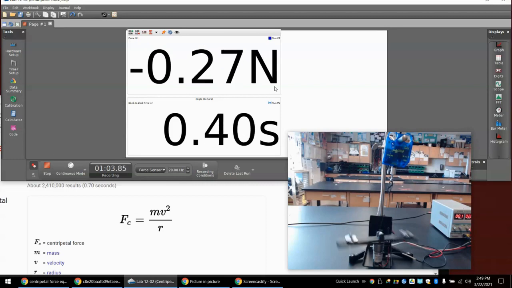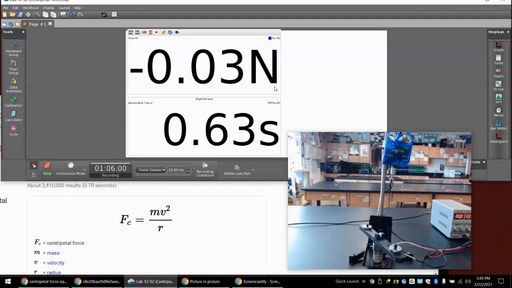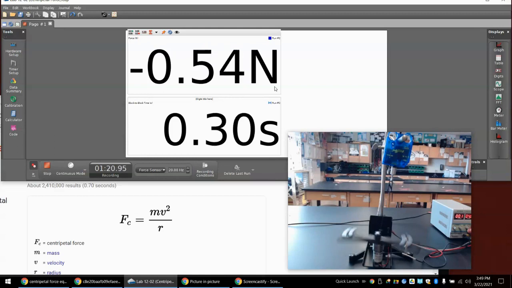So the next thing that we are going to do is change the mass. And to do this, we're going to set the voltage to about 4 volts. That's just the voltage going to the motor. And we can see the period is 0.29 seconds.